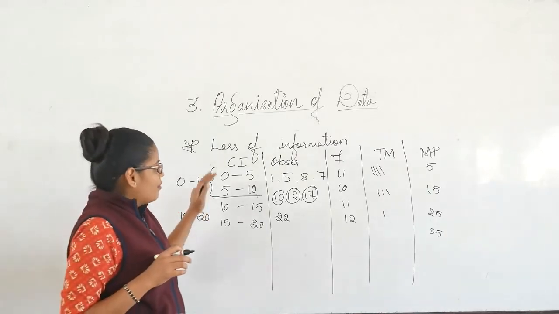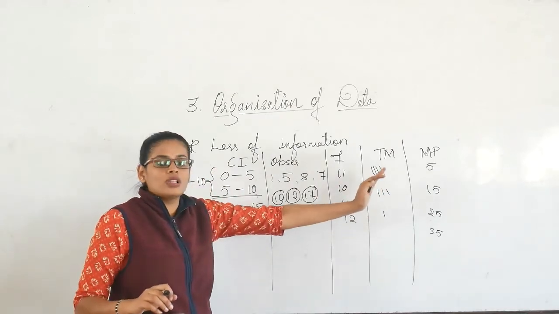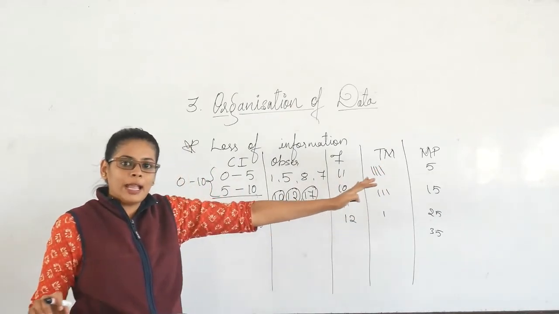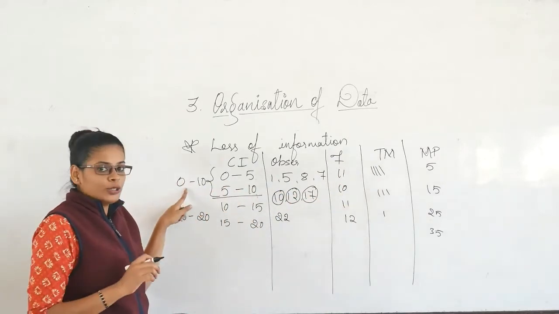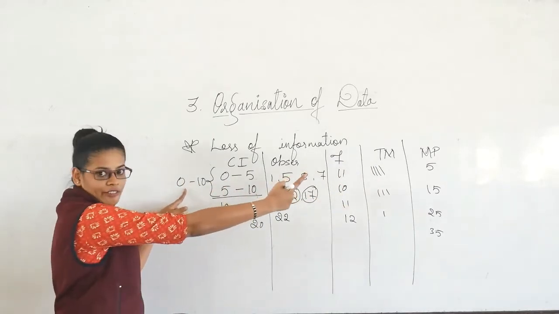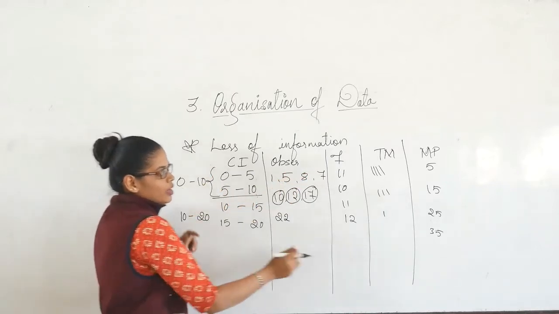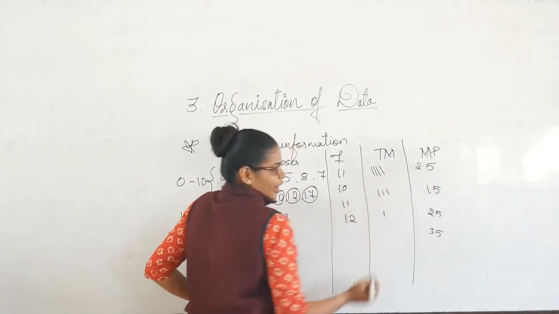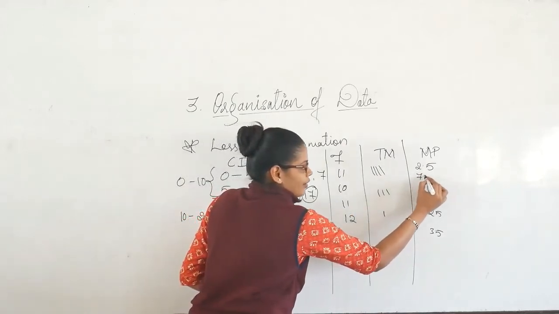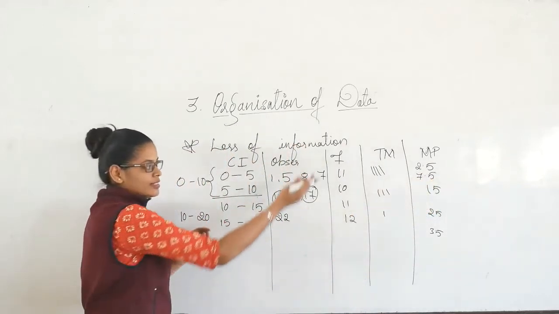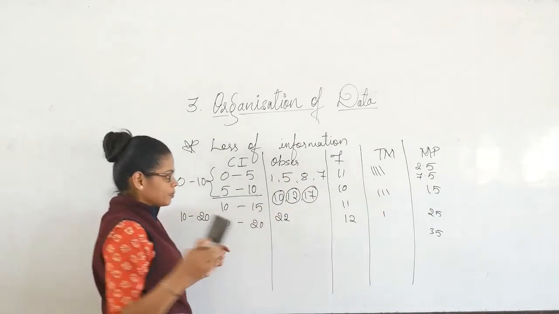So when you have done this, the class mark also changes. Class mark is nothing but the midpoint. For 0 to 10, the class mark was 5 before, right? But now this becomes 2.5. For 5 to 10, this becomes 7.5. The same applies for everything.